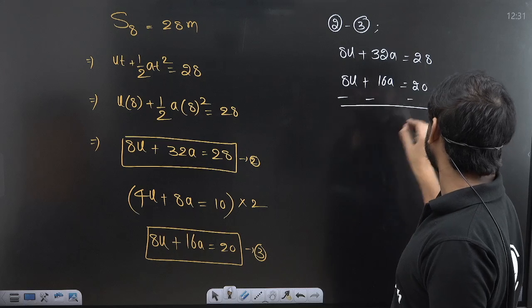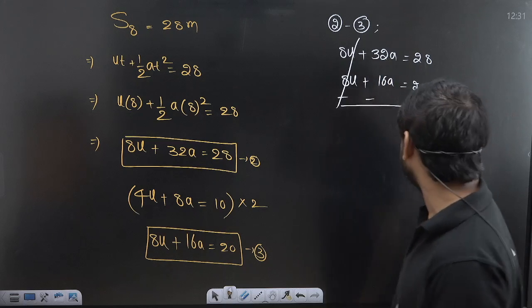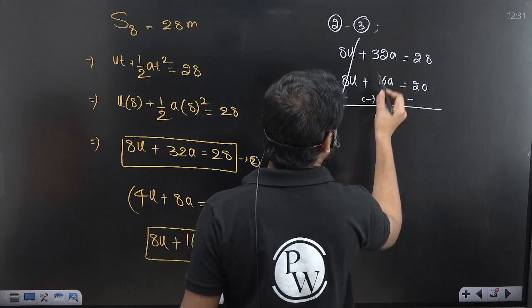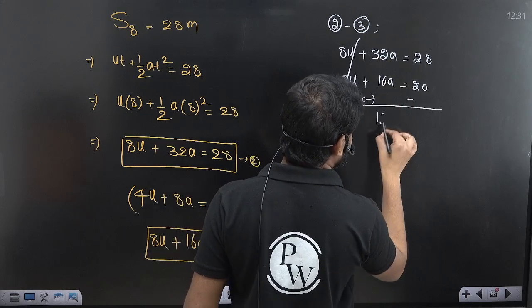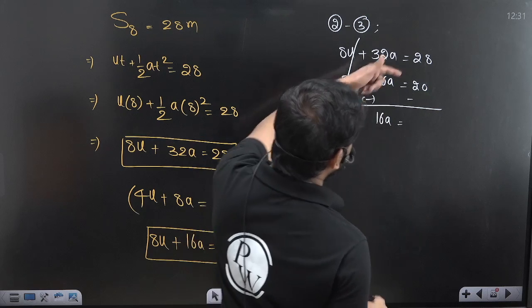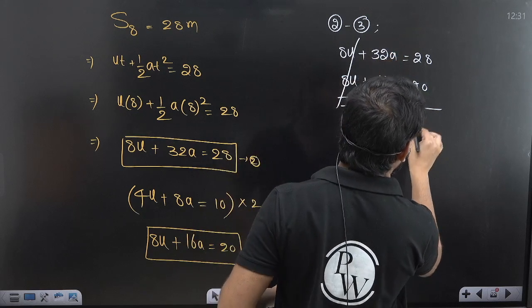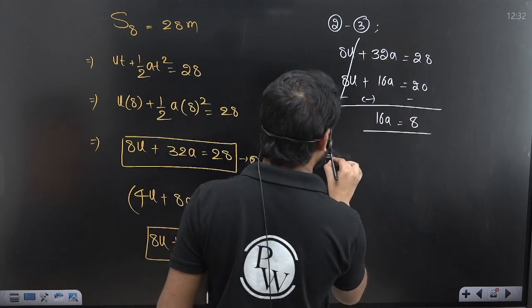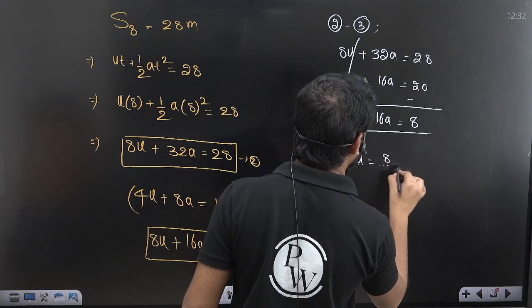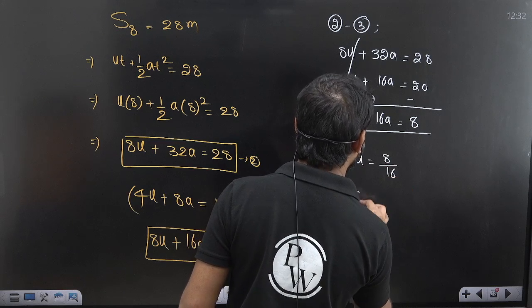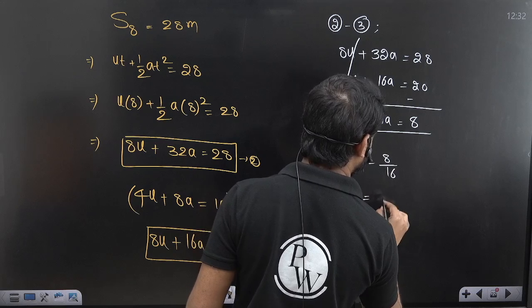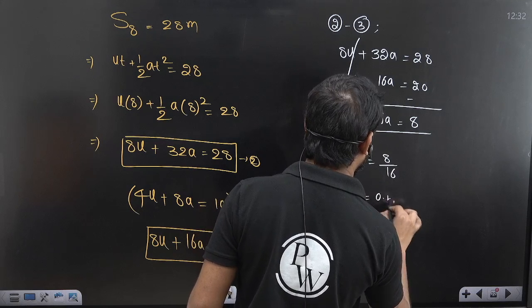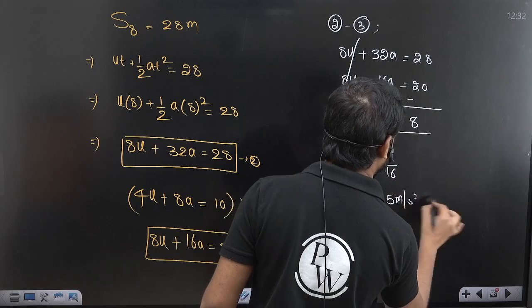So 8u minus 8u cancels, and then 32 minus 16, which is 16a, is equal to 28 minus 20, which is 8. So from here a is equal to 8 by 16, which is 1 by 2, nothing but 0.5 meter per second square. We got the acceleration.